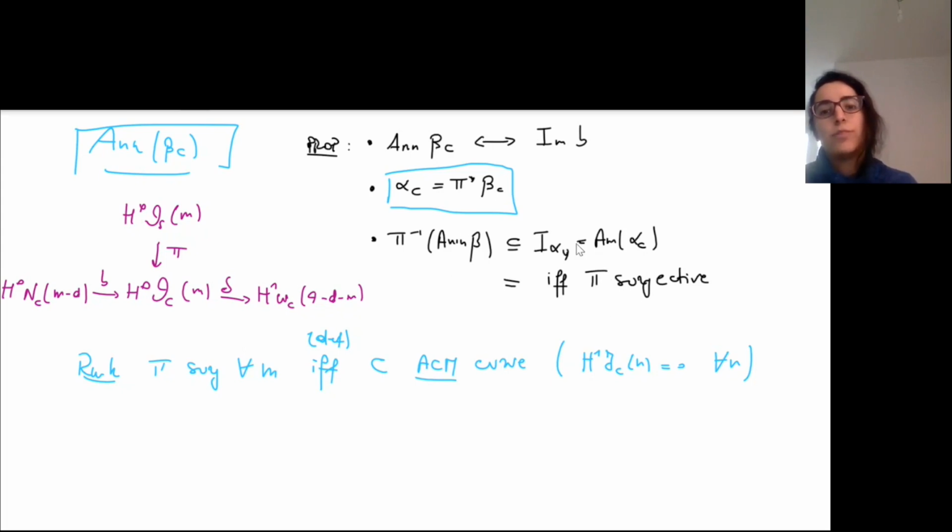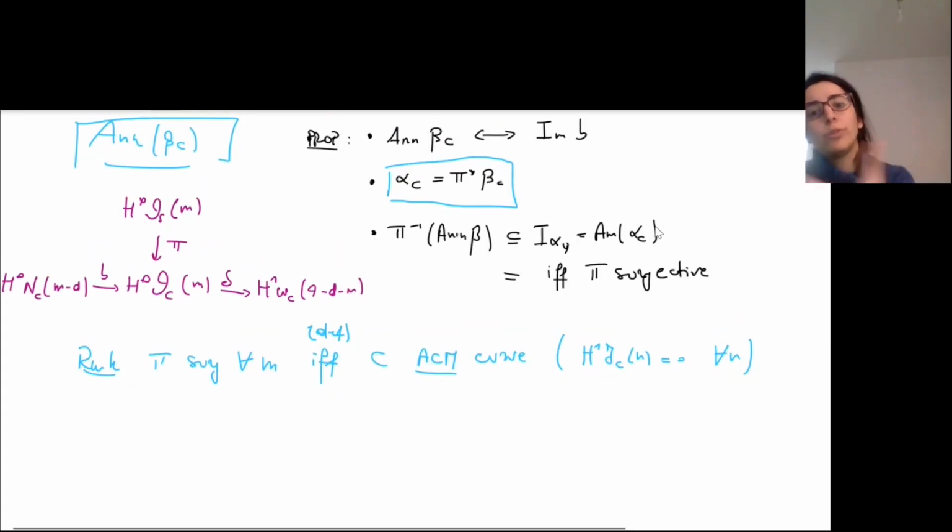So here we have just that the annihilator of C is exactly pi minus 1 of the annihilator of beta, so we can study the annihilator of beta and have all the information of this more involved and harder to study ideal. In general, not all curves are like this.